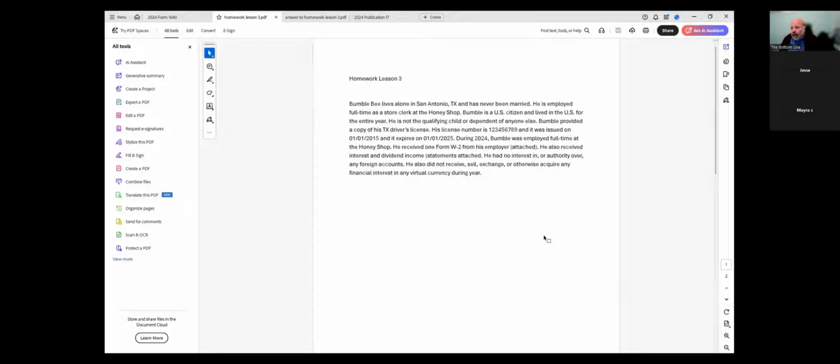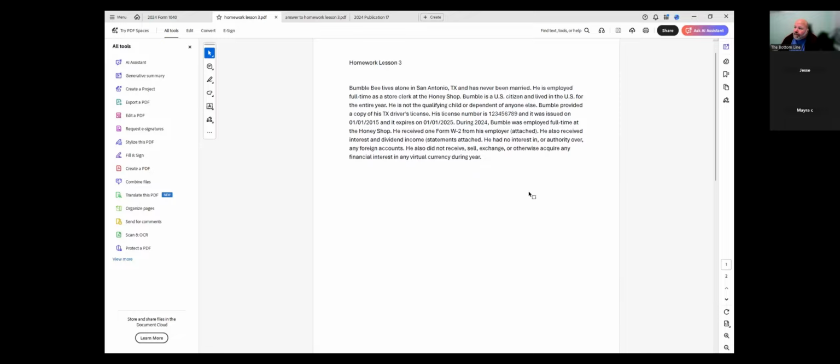You'll have to ask every client, do you have a foreign account? And do you have any crypto, virtual currency? The IRS now wants to track that. If anyone does have any type of virtual currency, you still have to claim any interest or dividends you receive, or if you buy and sell it, any capital gains.